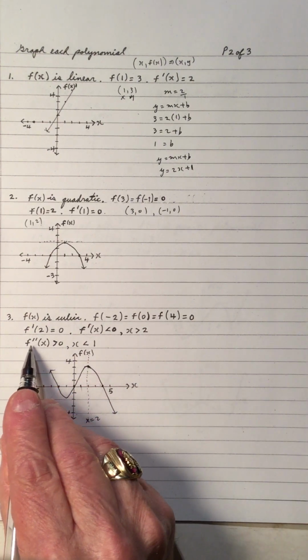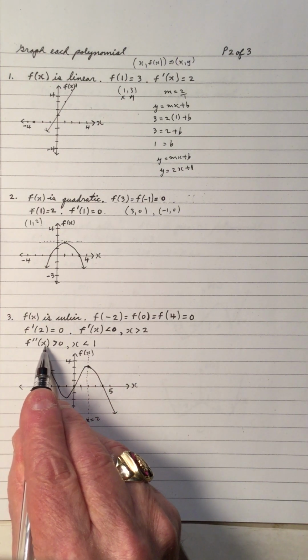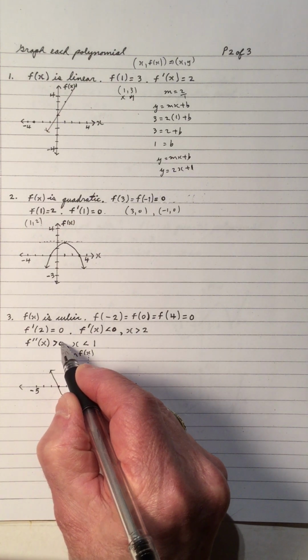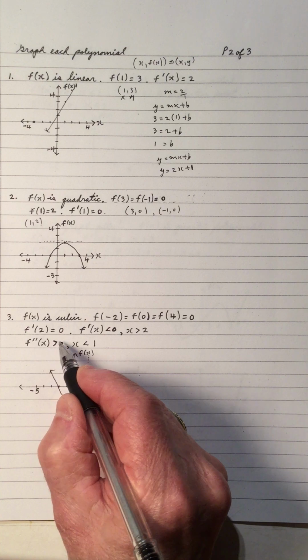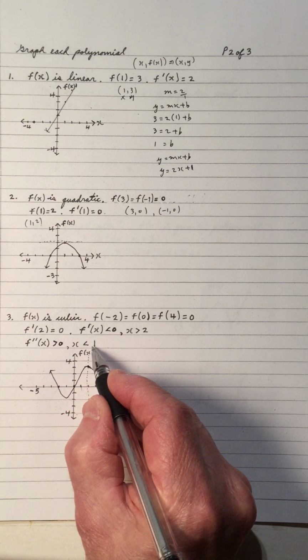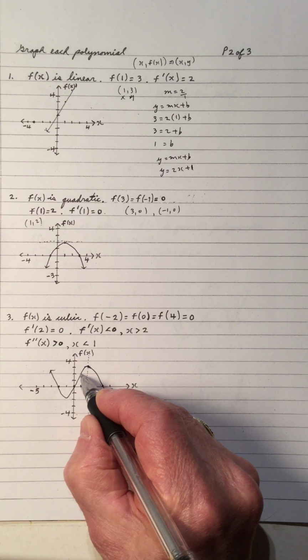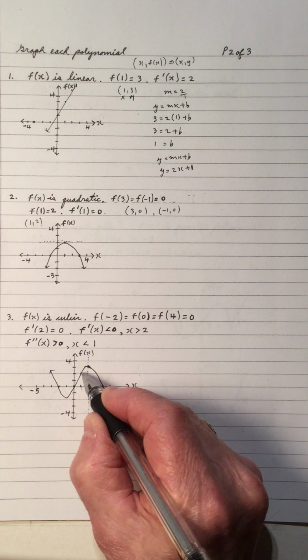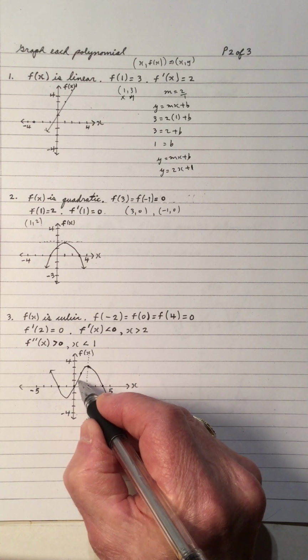And to verify that, f double prime is positive. That means the concavity is positive on the left side of 1. So x equals 1 would be, let's say, right here. It makes no difference whether it's 1, 2 or 1, 1.